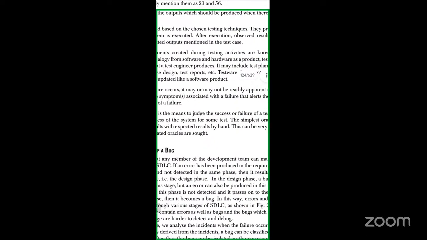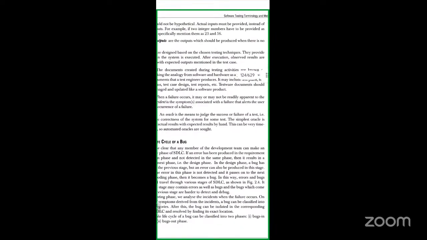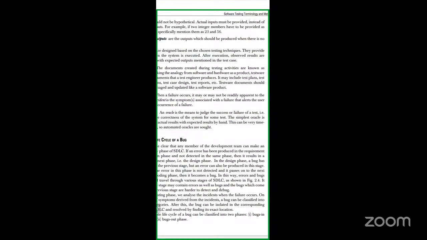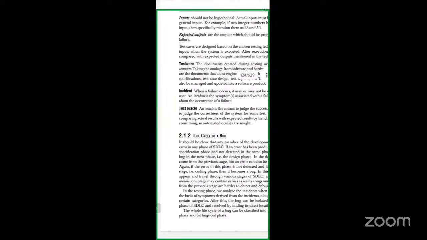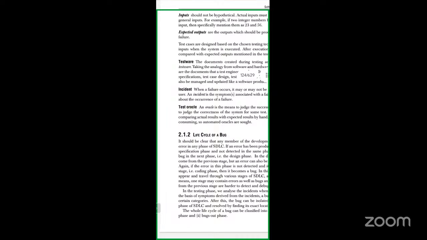We assume some results at the beginning, and those we call the expected results. But whatever we get after running our product is the actual result. Showing the difference between these two is our test oracle.